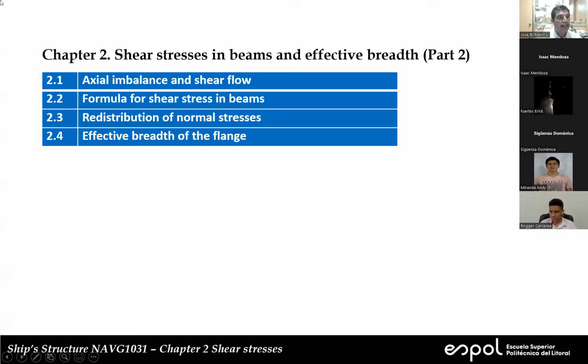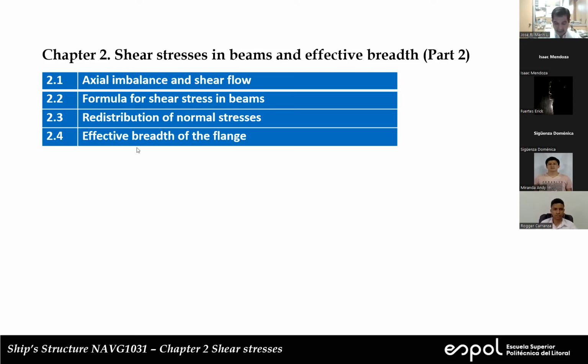So this is the contents of chapter 2. And as I said before, I'm going to switch a little bit, okay? I'm going to start with the last subchapter, which is 2.4, and that will present the concept of effective breadth, which you need in order to complete the report, okay?